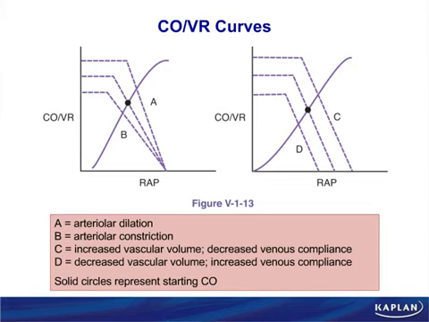So PSF went down. That should be your first thought. You see this shift and say, okay, PSF went down. Well, what would cause PSF to go down? Either a decrease in vascular volume or an increase in venous compliance or both. So that's the first thing you should note.